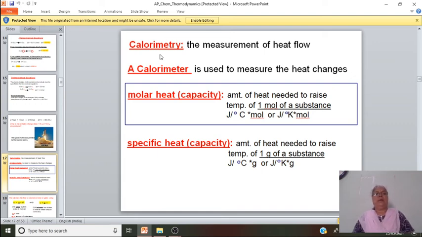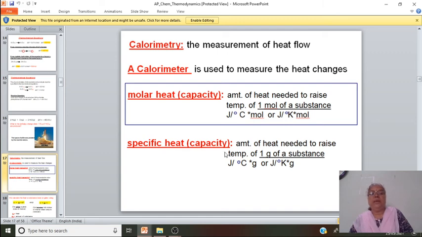Here calorimetry is the measurement of heat flow, and a calorimeter is a device used to measure heat changes. Molar heat capacity is the amount of heat needed to raise the temperature of 1 mole of substance, and it is expressed in joules per degree centigrade per mole or joules per Kelvin per mole.